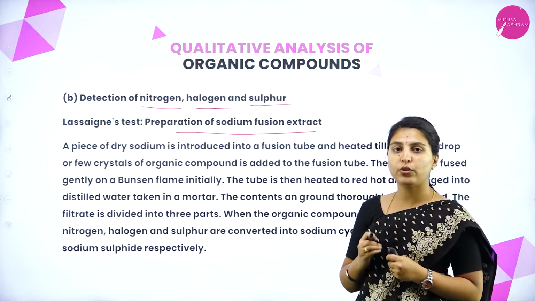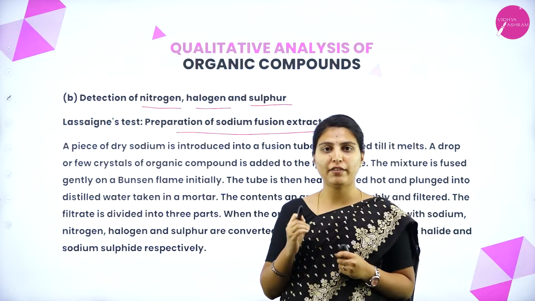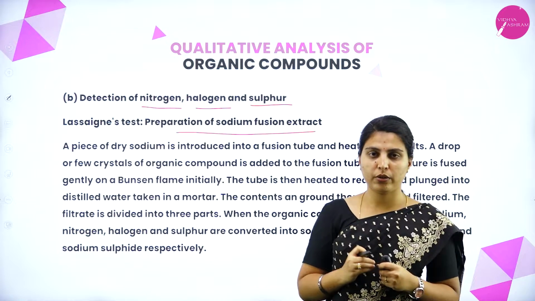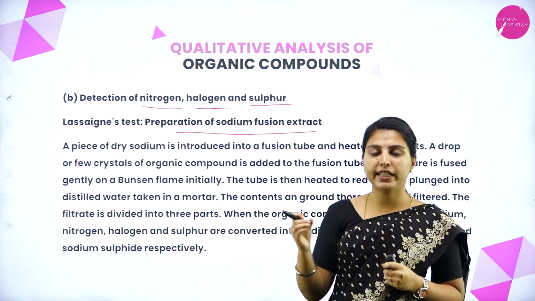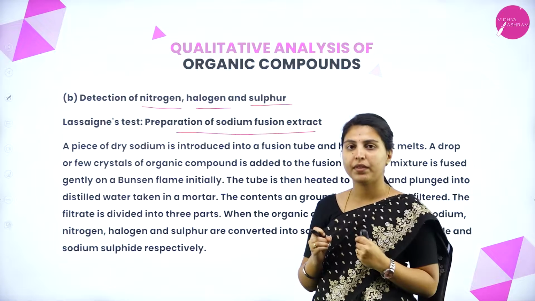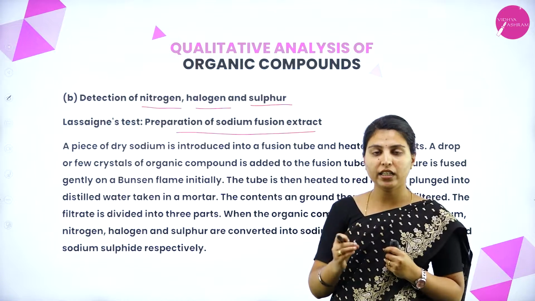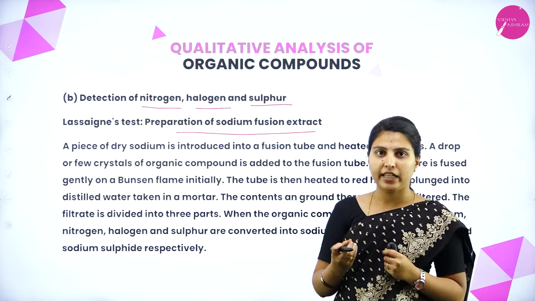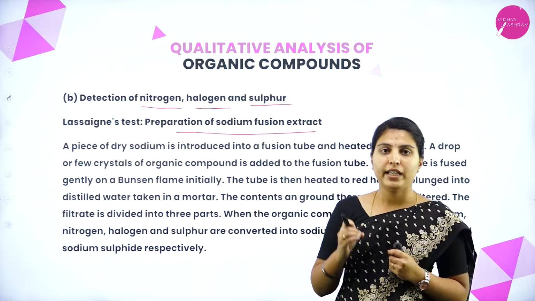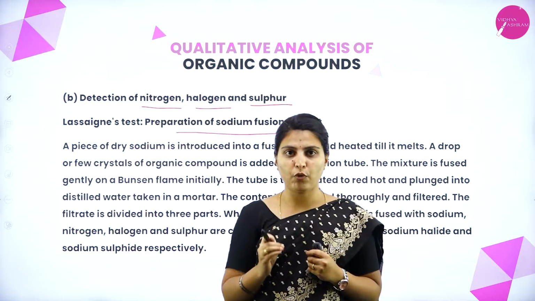How do you prepare the sodium fusion extract? A piece of dry sodium you have to take in a dry fusion tube, and that should be heated in a burner. After it gets a little bit melted, you have to add your organic compound into that, and later heat it again to red hot and plunge it. Then on another side, take a mortar with some water.